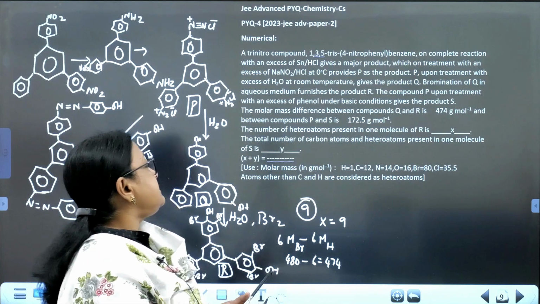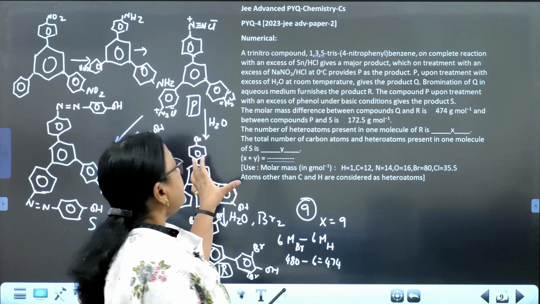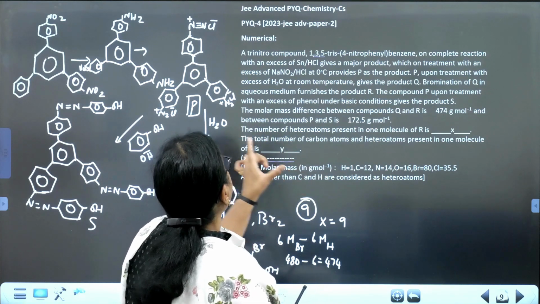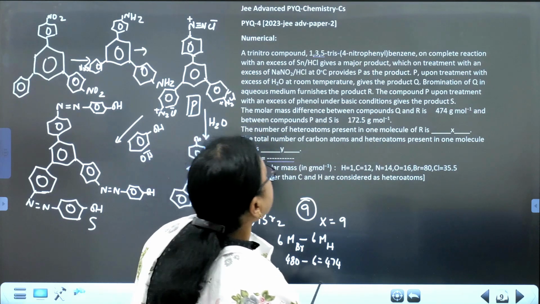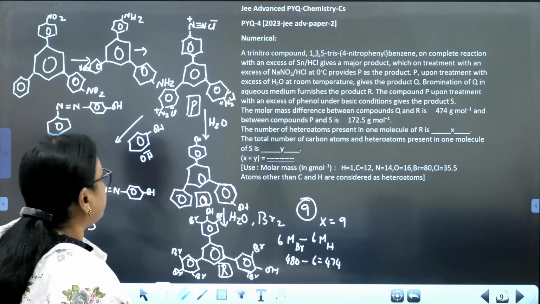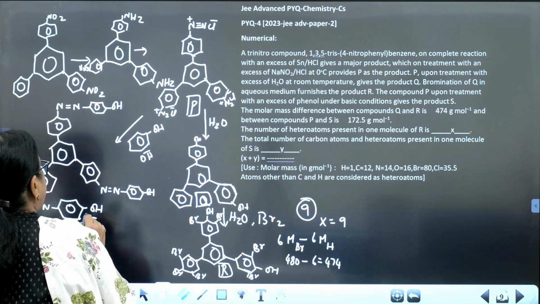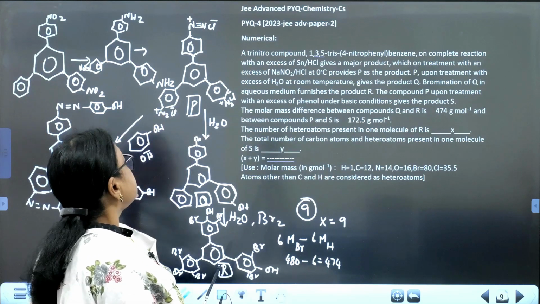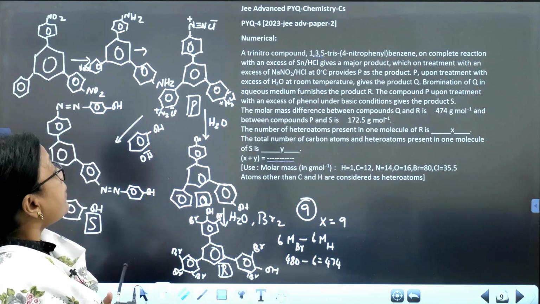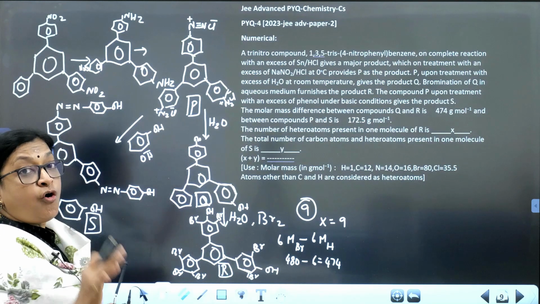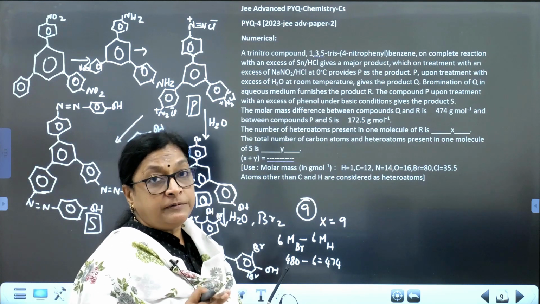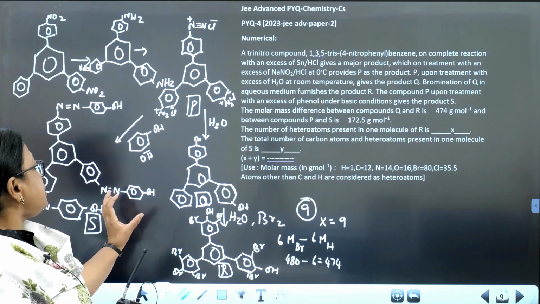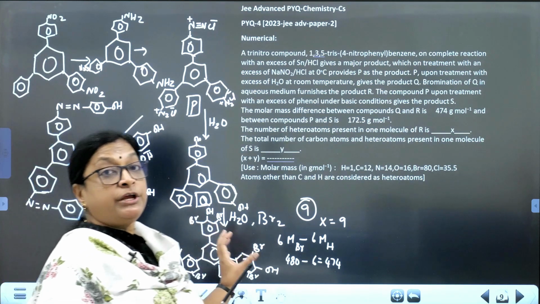And it says an important information again. The difference in molar mass between P and S is 172.5 gram per mole. So your P is this and S is this. So just analyze how much difference is there from this. From P, 3 chloride groups are gone, and instead 3 phenolic groups have come.